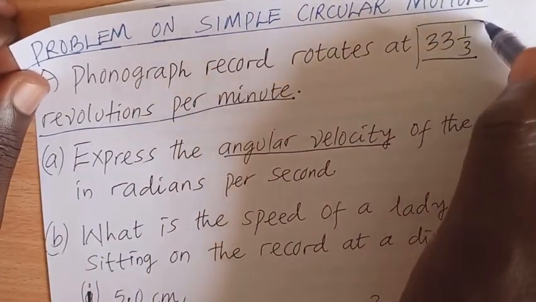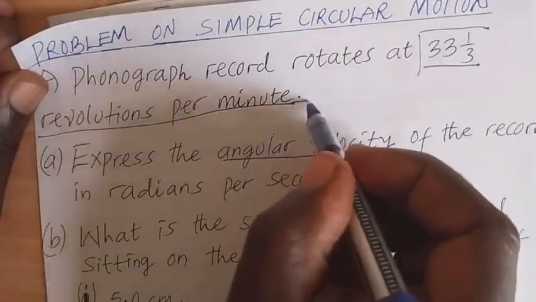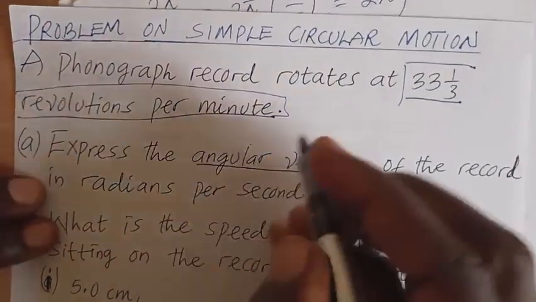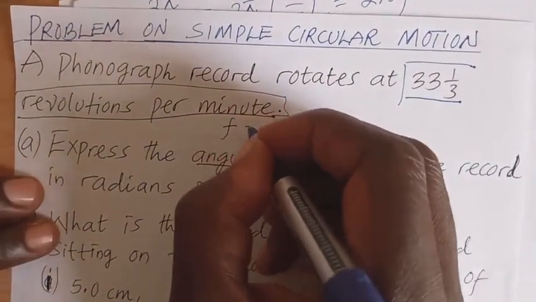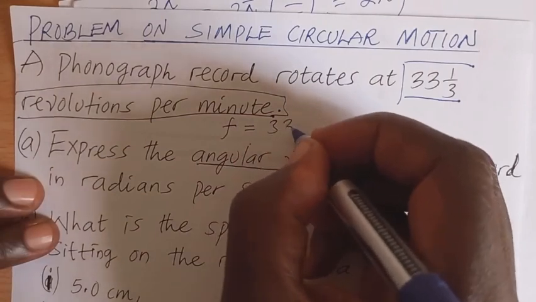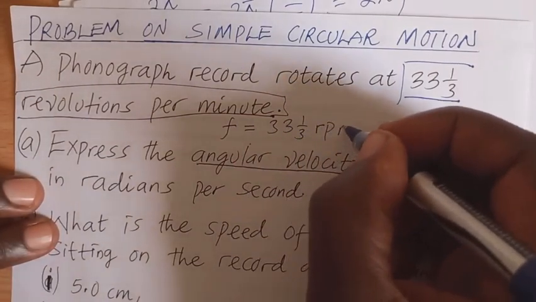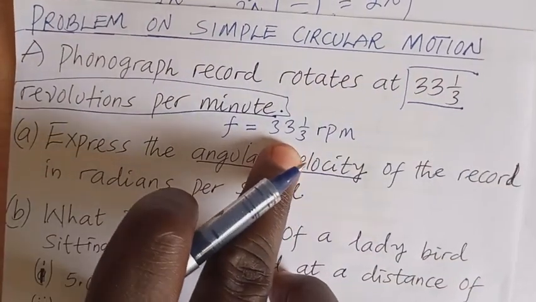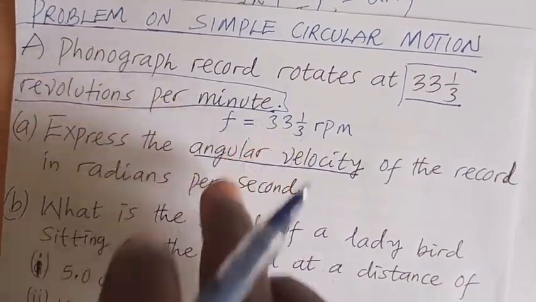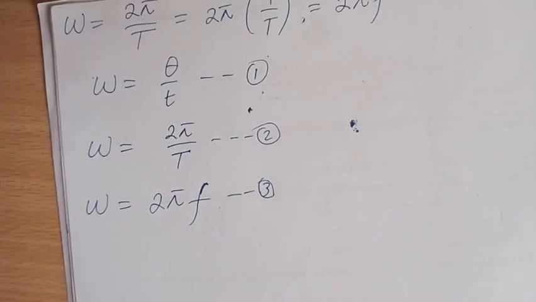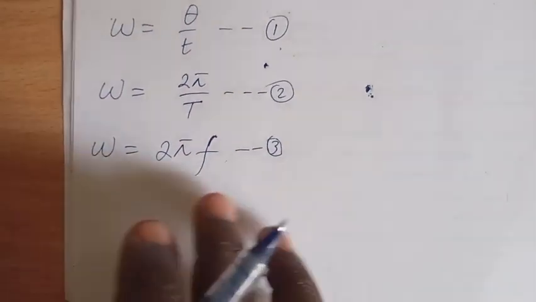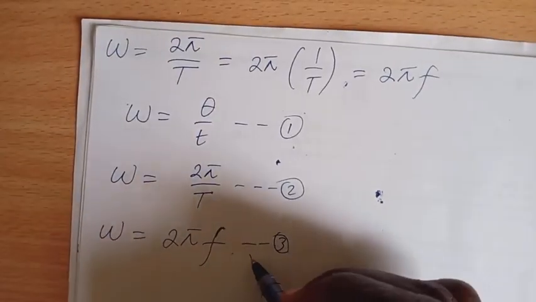Now this is significant. Revolutions per minute tells you that this is angular frequency. It means your frequency is 33 1 upon 3 revolutions per minute. This is how it is abbreviated. You are given angular frequency, and this means that I am going to use equation 3.